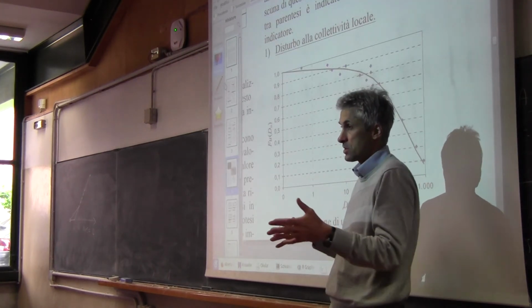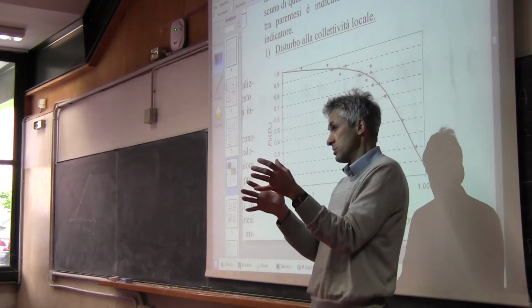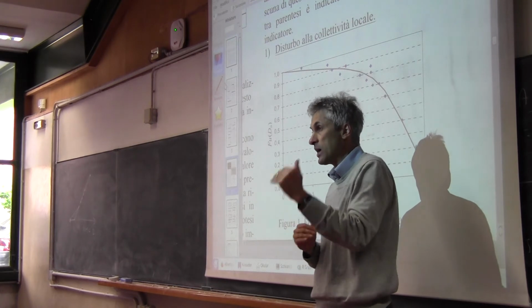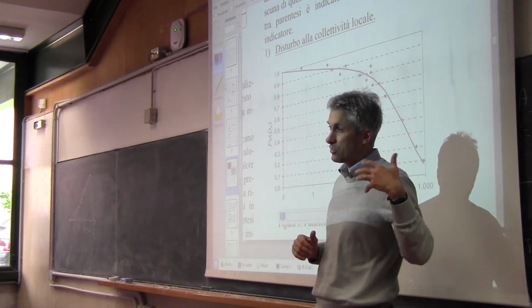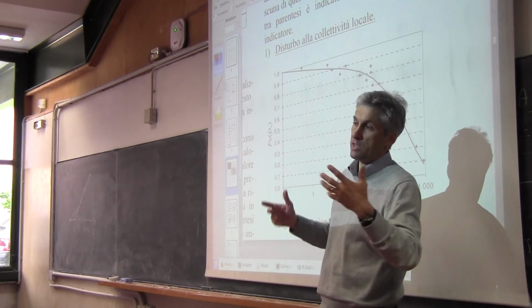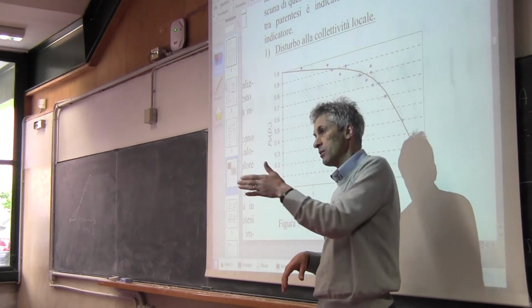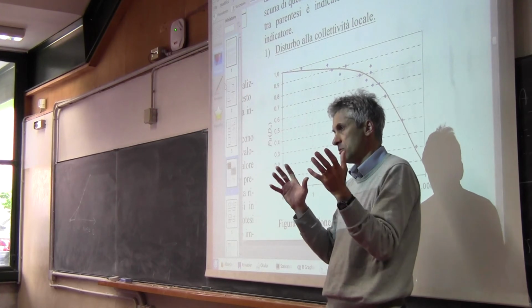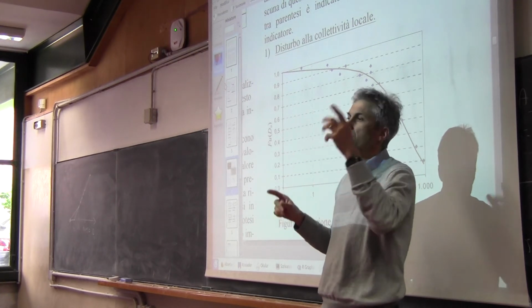Because, of course, if you ask one person for a given plant, can you please tell me, on a scale from 1 to 10, what is the disturbance that you feel? This person may say 8, and then you interview 7 of them, and you get an average indicator of disturbance, which may be 8.5.